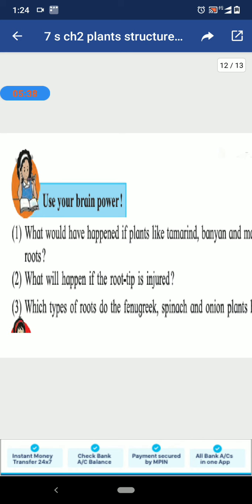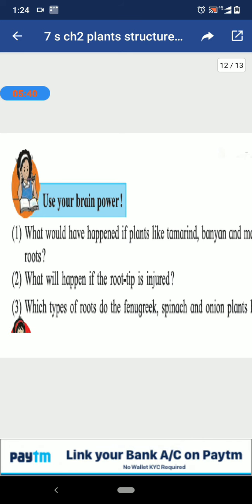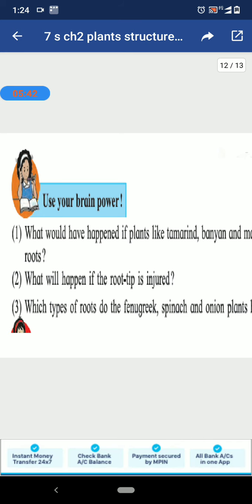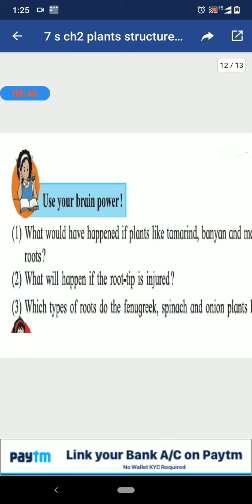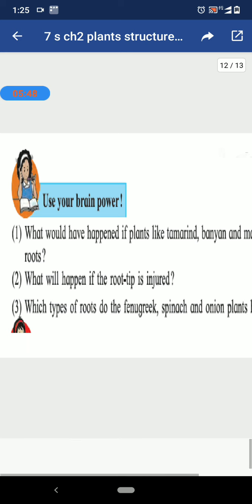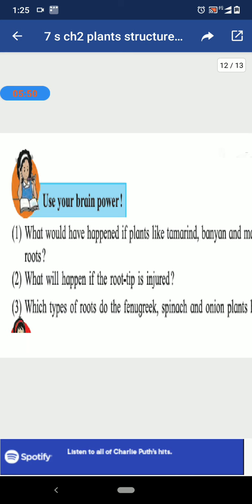Now, you might have seen these trees. They are huge in size compared to other small plants like fenugreek. So, for the answer you can write: tamarind and mango are huge trees with a grand canopy of leaves.